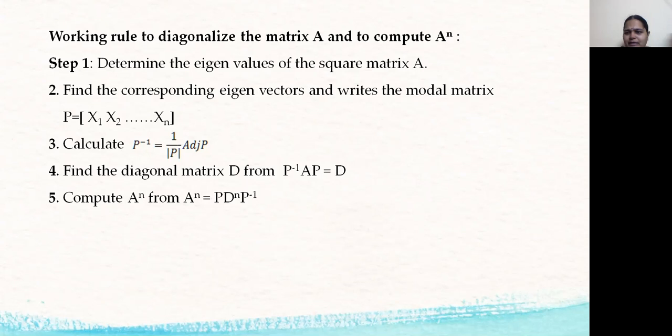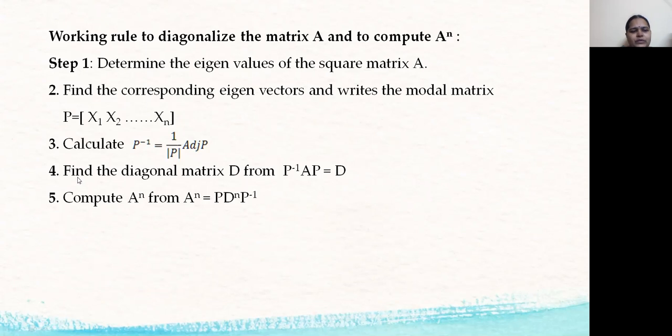After finding the eigenvectors, we write a matrix P whose columns are the eigenvectors of A. So P equals x1, x2, up to xn, whose columns are the eigenvectors of A.